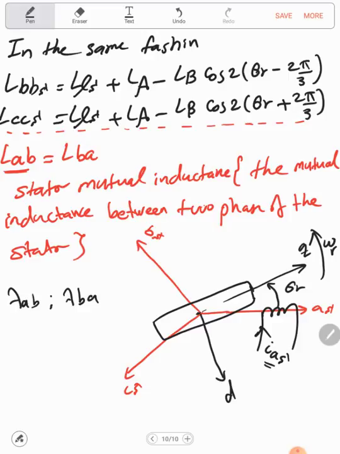So now if we need to find lambda AB, this will equal NS IAS, and this is the MMF in the direction of the AS.